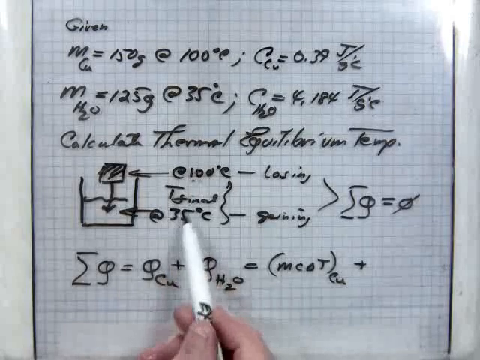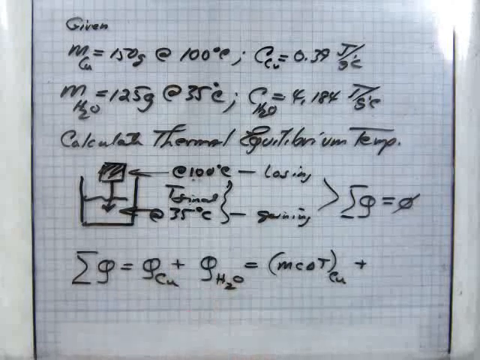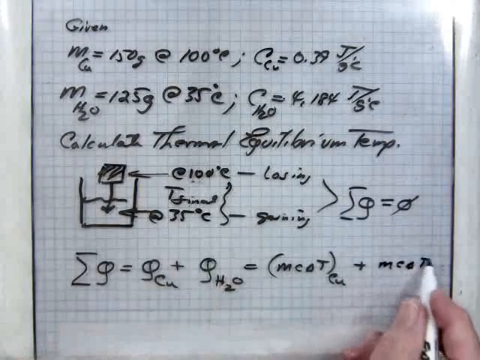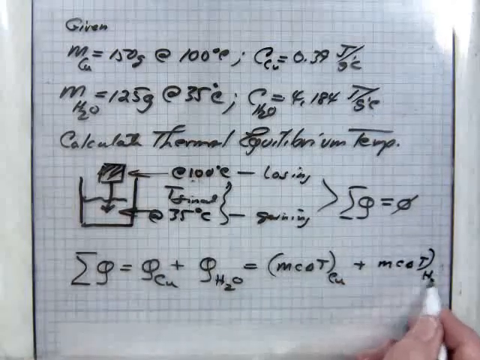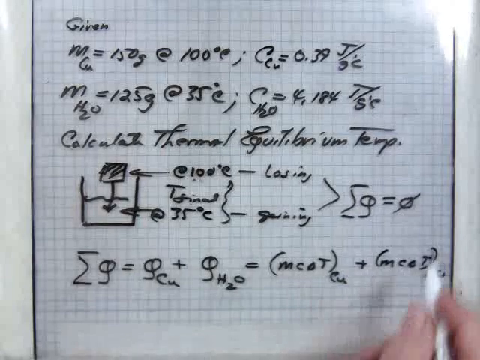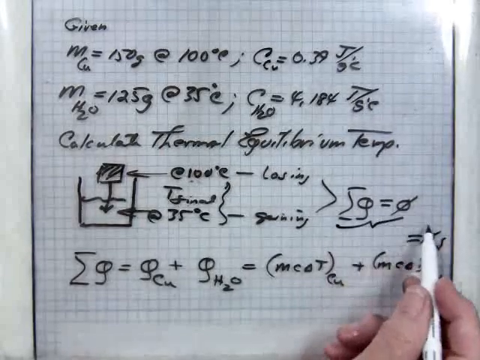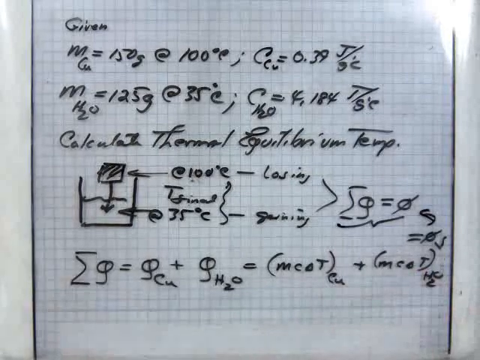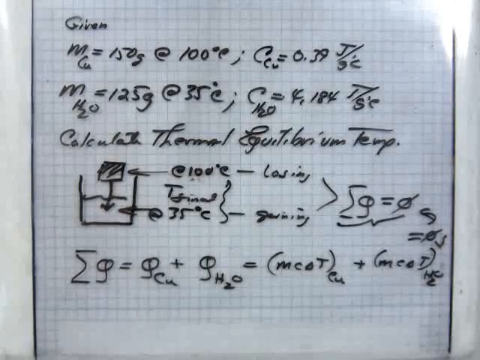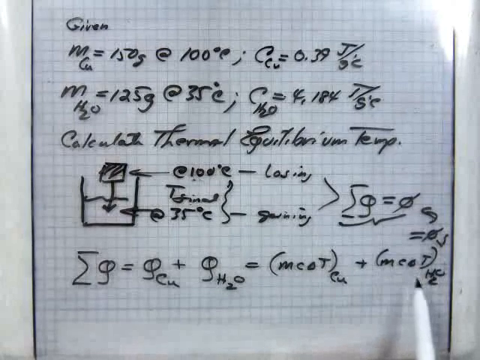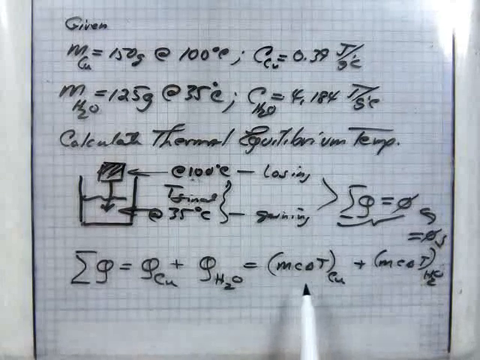That's going to go up to the final temperature. So yes, that one is too, and so MCΔT for the H2O, and all that equals 0. So now, look at the data, substitute it in, and solve for T final.